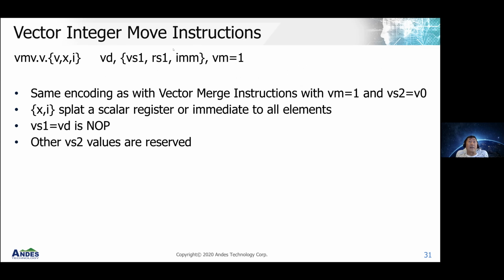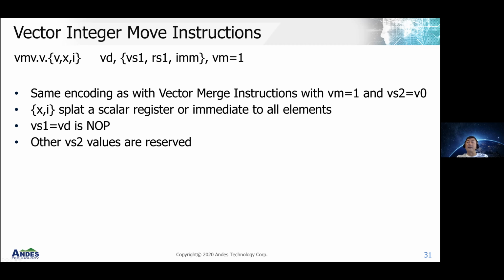Because if the mask equals 1, it's a move instruction. So this is the same encoding as the vector merge instruction, but the special requirement is the mask had to be 1 and the VS2 had to be V0.